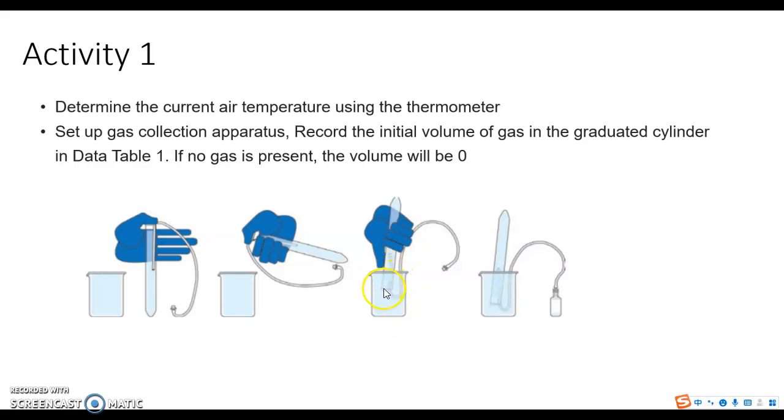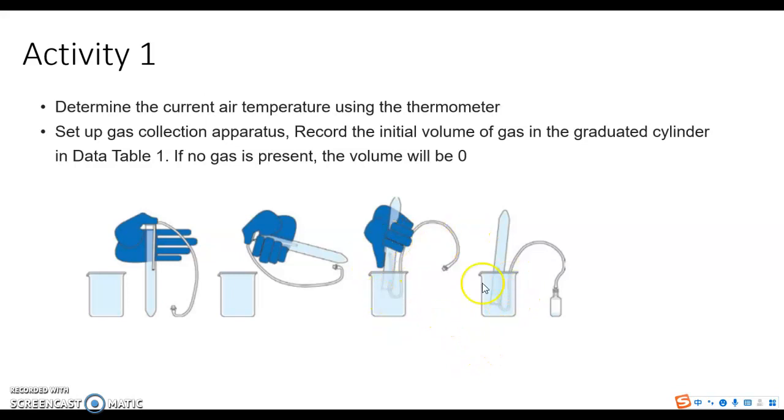As long as the opening of the graduated cylinder is under the water level, you can remove your thumb. You will spill some water during this step, and that's okay.